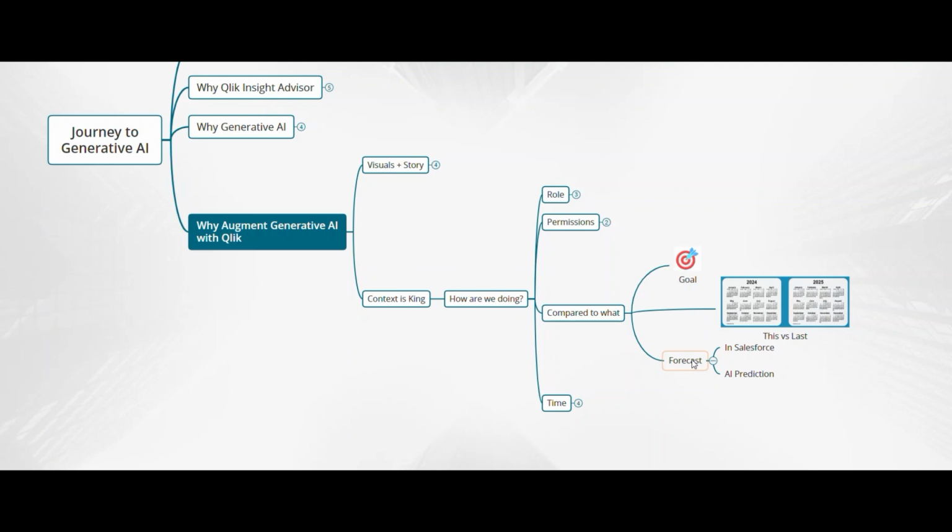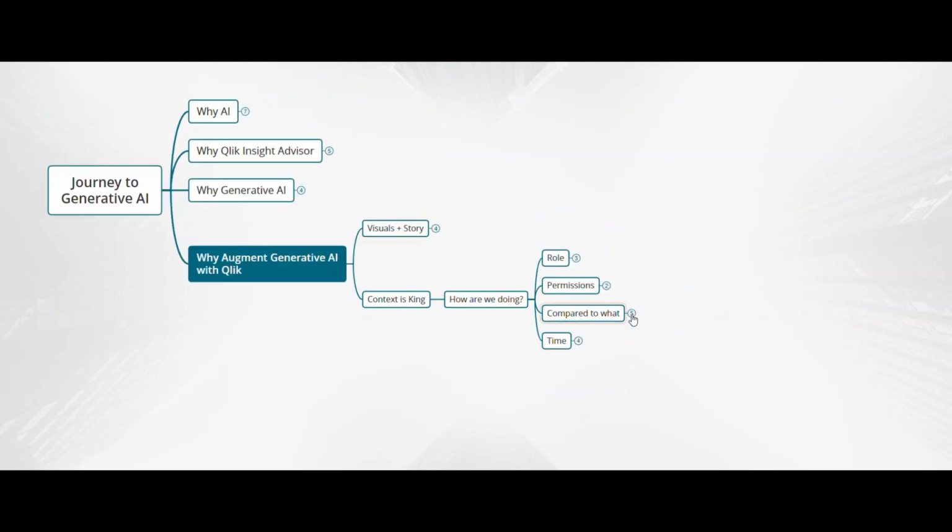Or am I comparing this to some AI prediction? Well, those are things I need to know. And maybe based on those roles, we pass different values for this, so that Bob the Big Cheese may compare it to one thing, whereas Mary Middle Manager may need to be comparing it to something different.